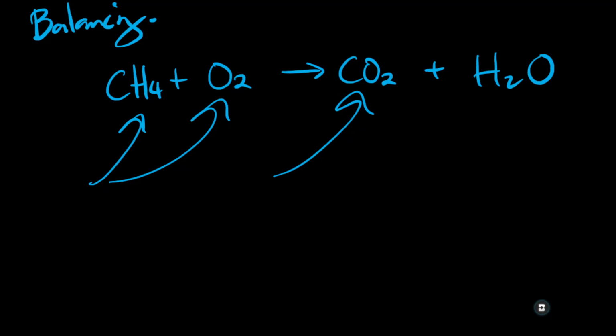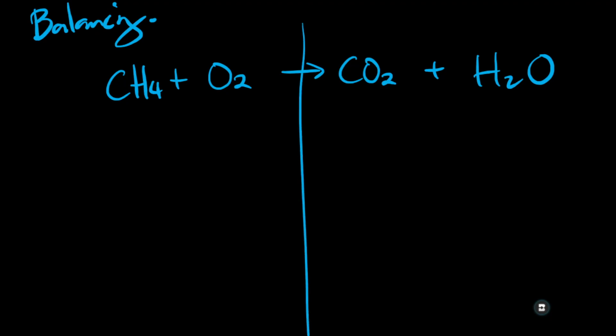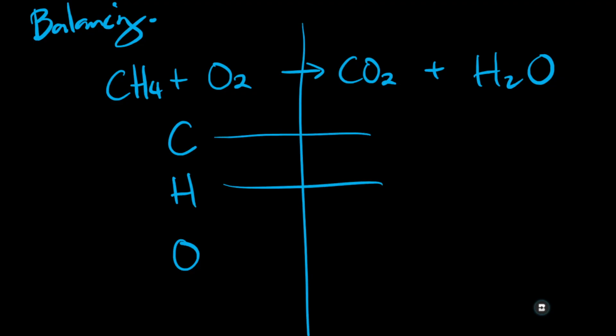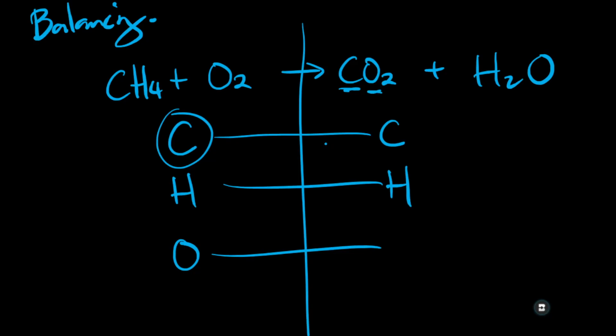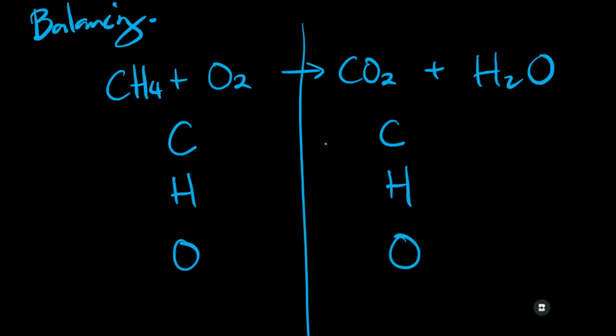But let's see if you remember how to balance. So under this arrow right here, draw a line. You can do C, H, and O. Try to match them. Whatever you have right here, do the same letter. That way, even though it's a C and an O next, it doesn't matter. Try to match the letters so you don't get confused, because a lot of people confuse themselves because of the way they write.